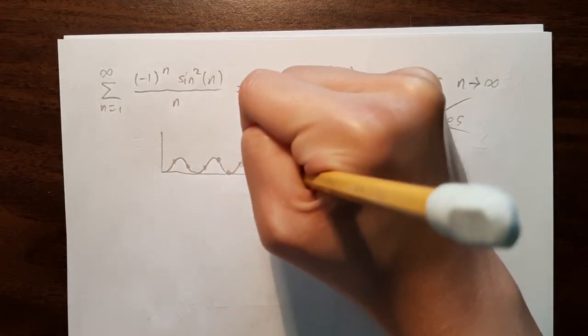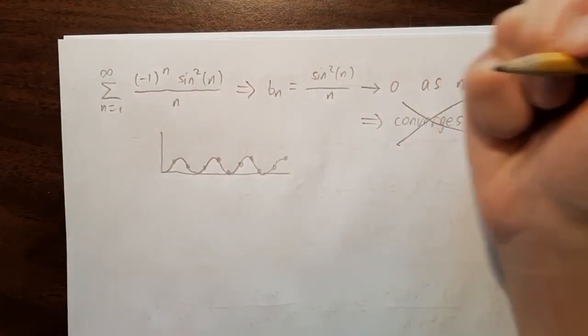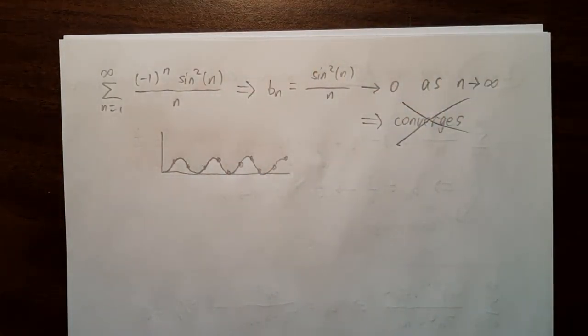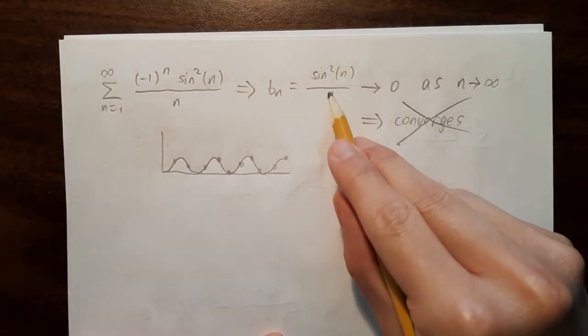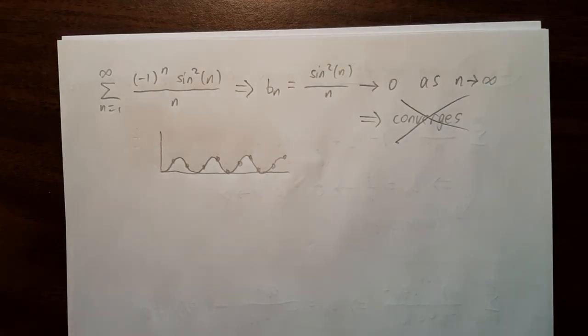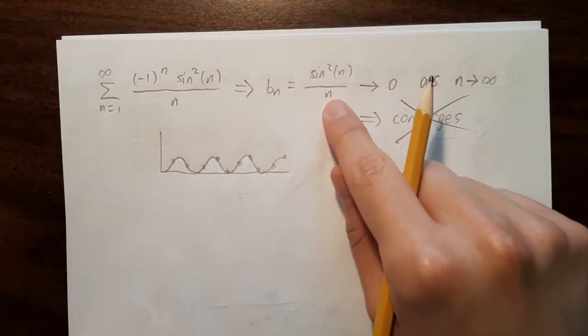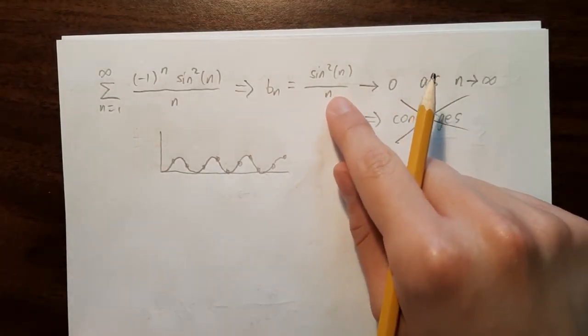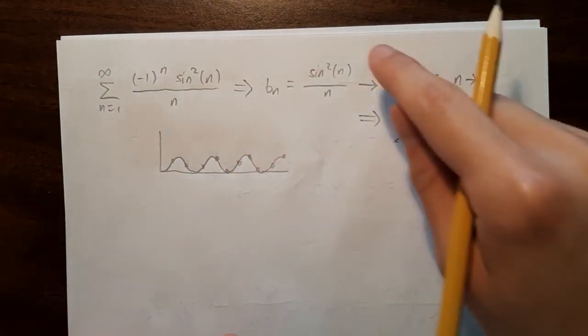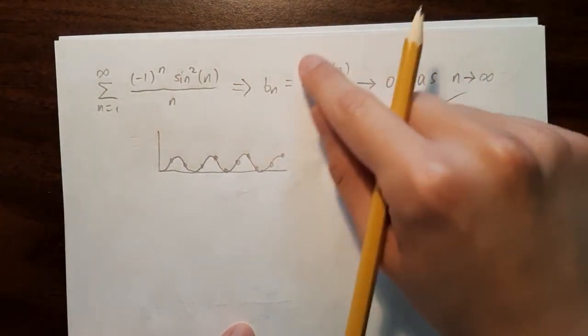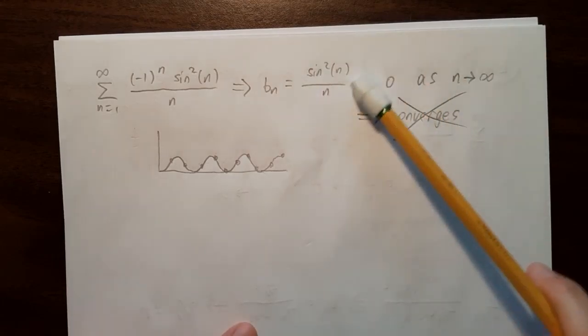Just going to hop around these various humps and valleys with no particular rhyme or reason to it. The over n is going to be dividing it, so the decreasingness might be coming from here, but it's not enough to conclude that the overall function is decreasing.